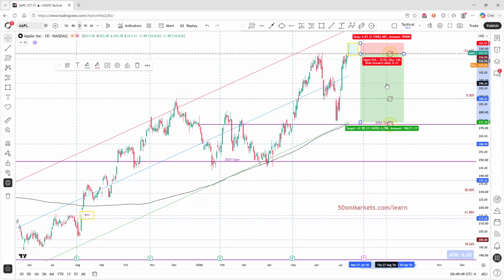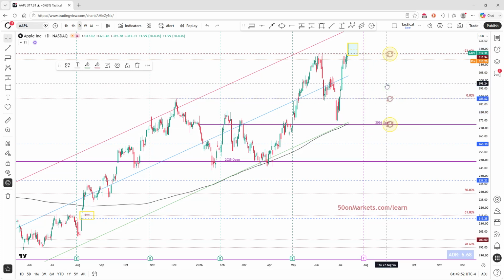Now, equally, as we said, most people are going to be looking at this as, whether you're long or short, the healthy move here would be a little bit of a downside move back towards mid-channel, towards the bottom end of the channel.